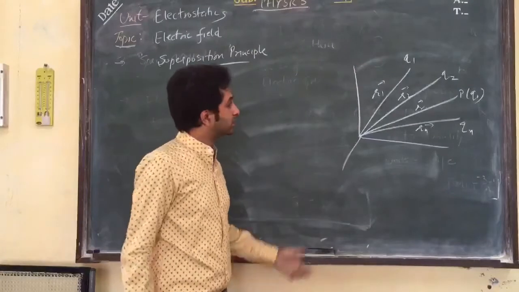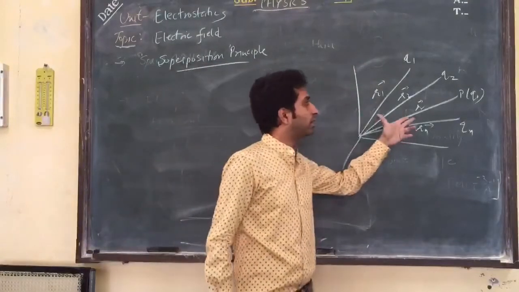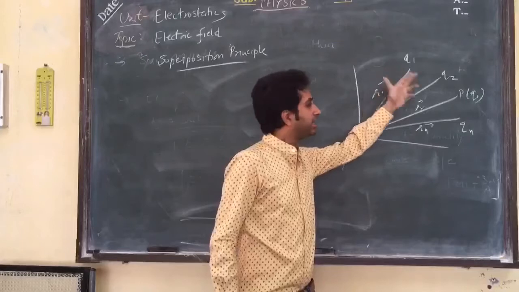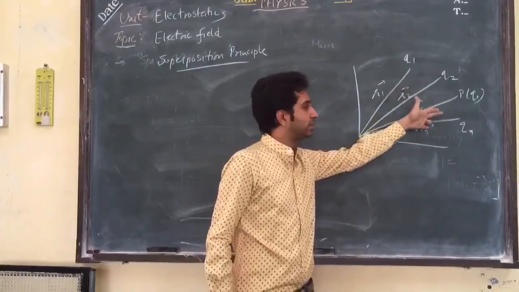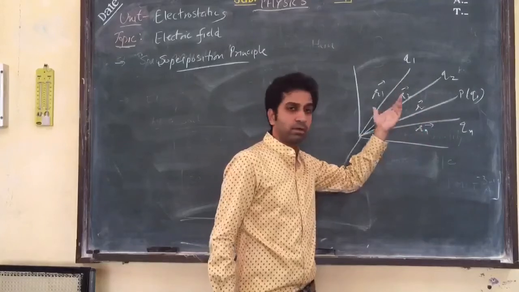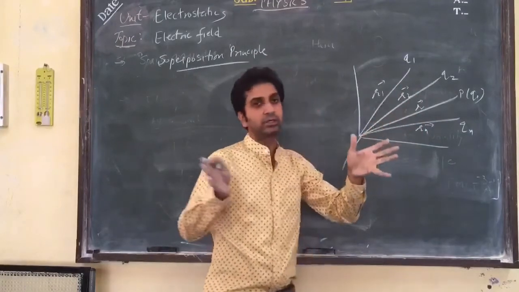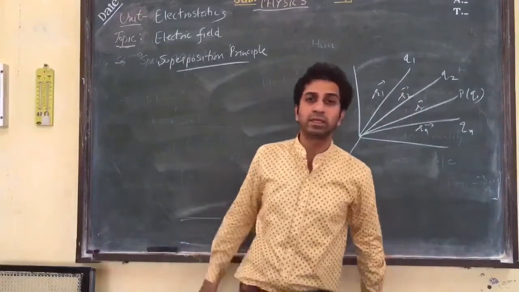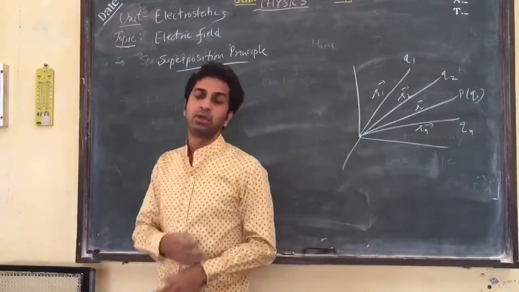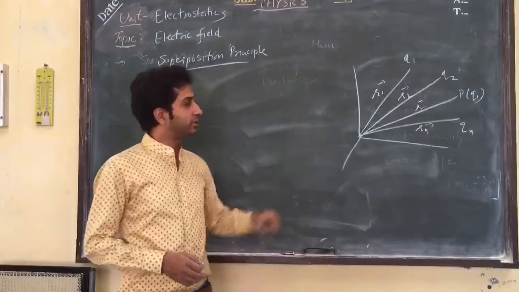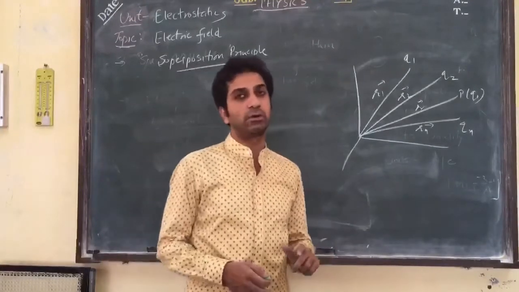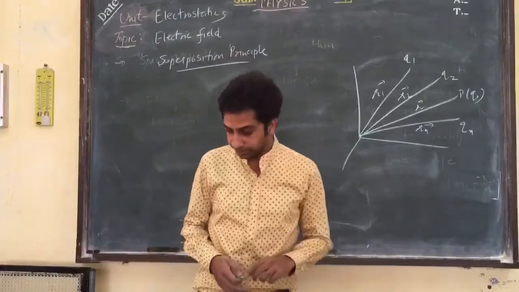You just calculate the electric field due to the first charge being exerted on the test charge, then the electric field due to the second charge, and so on for any number of charges, and just superimpose them, or mathematically just add all of these. You will get the net electric field intensity exerted on a test charge placed in a system of charges, right?